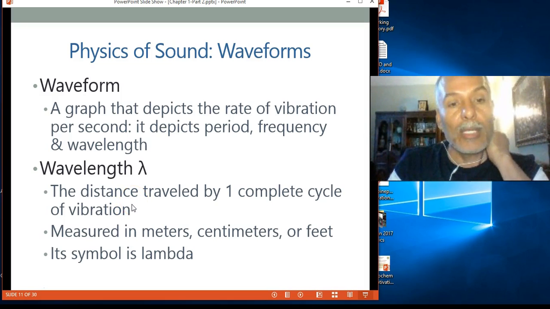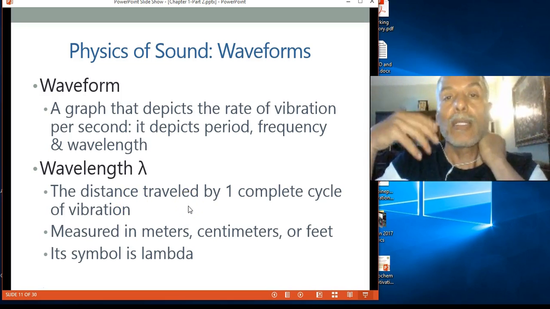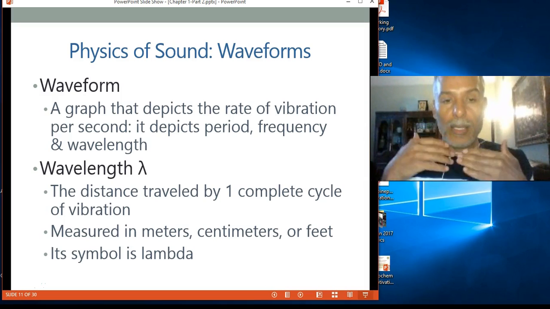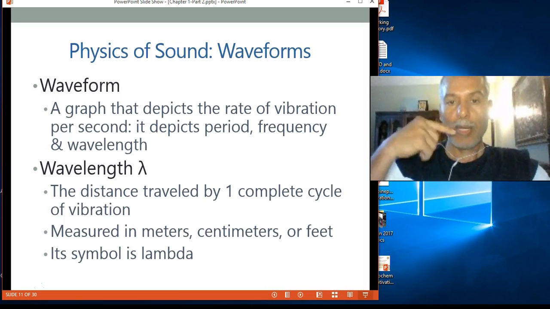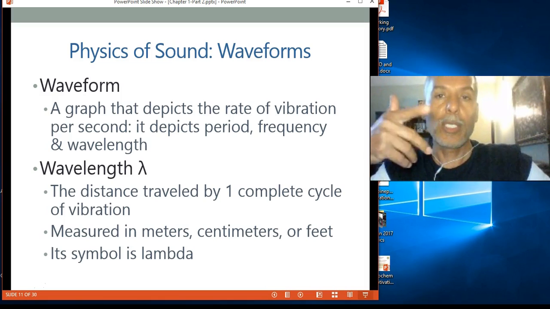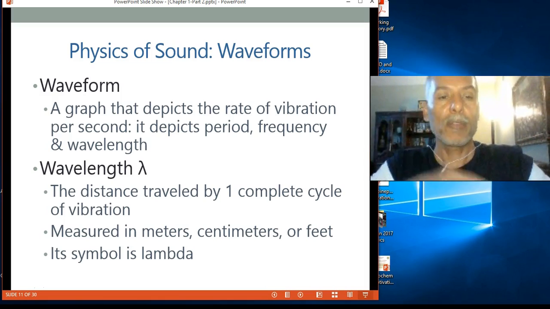Wavelength is the distance, physically the distance that a wave travels in one complete cycle of vibration. Because my sound waves are made out of the same cycles, they just repeat themselves.